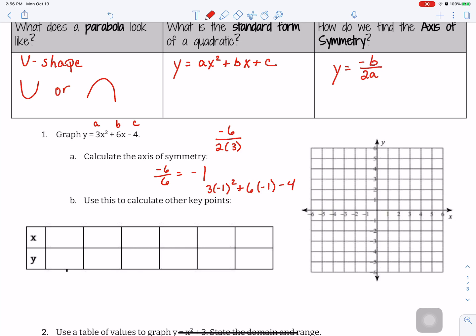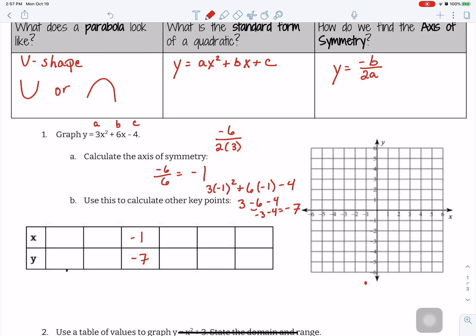So I'm just substituting that in for the x. Negative times a negative is a positive. So 3 minus 6 minus 4. This would be negative 3 minus 4, which equals negative 7. So on my table, and I'm going to put it kind of middle-ish, negative 1, negative 7. So just down one particular point. It's not too far off our graph. We're going to be okay with that.